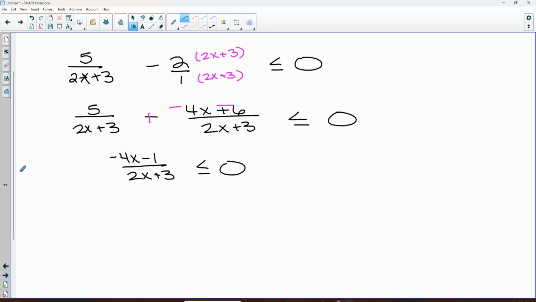Once we have a fraction on one side and 0 on the other, what do we do? Okay, so if I add my 1 and divide, we get -1/4. This one we subtract 3 and divide, that's -3/2. Then what do we make?